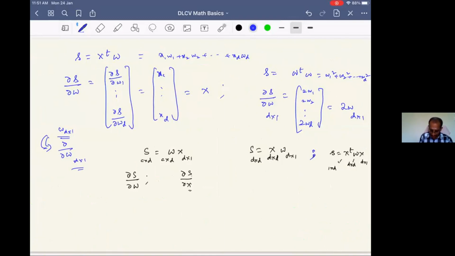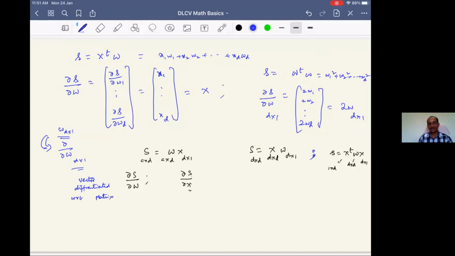So now the question is, ∂S/∂W we will bother about later, because S is a vector differentiated with respect to a matrix. In fact, the dimensions will be even more. It's a tensor, as this is referred to. Tensor means you can't represent it as a matrix, it is a set of matrices.